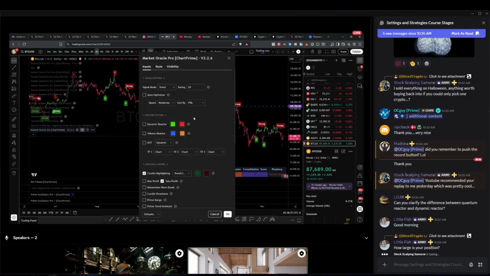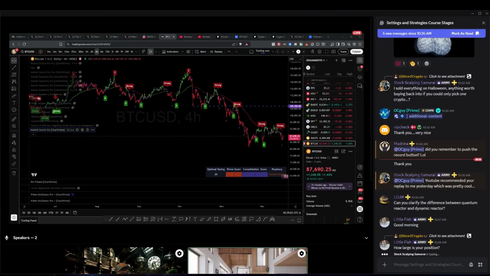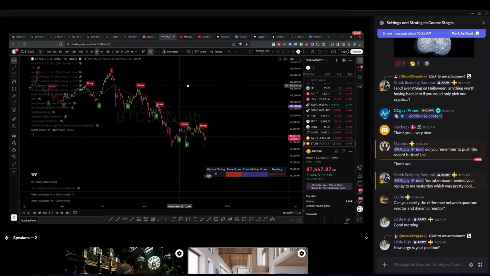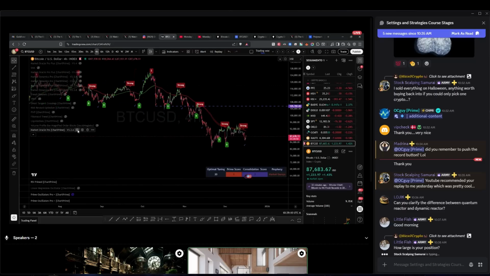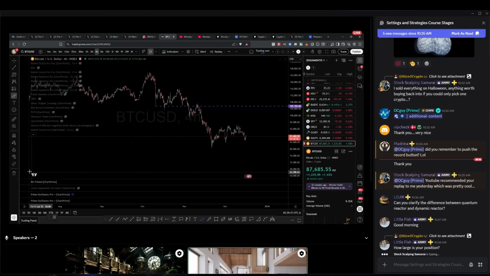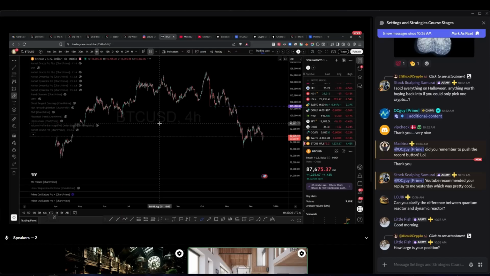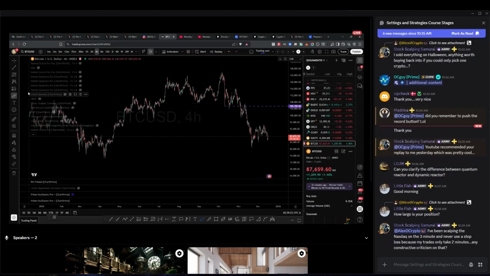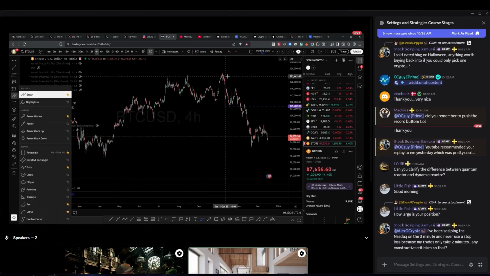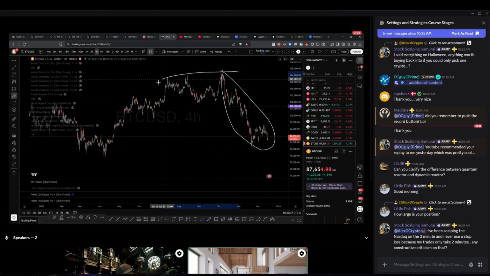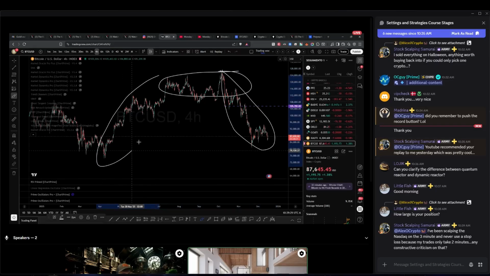Then what you want to do is first turn on your dynamic reactor. Your dynamic reactor is like your trend EMA. This is it. And then you turn off your indicator. Then what I want you to do is circle whatever is a trend for you. Trends get perceived differently. For example, you could say this is a downtrend, this is a sideways trend, and this is an uptrend.